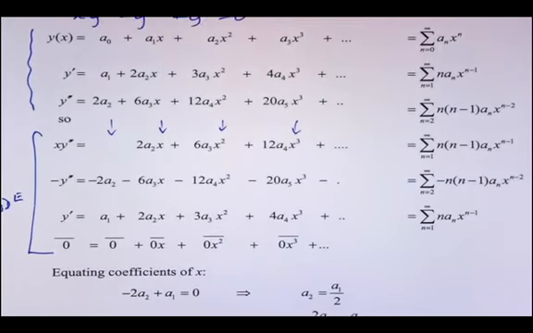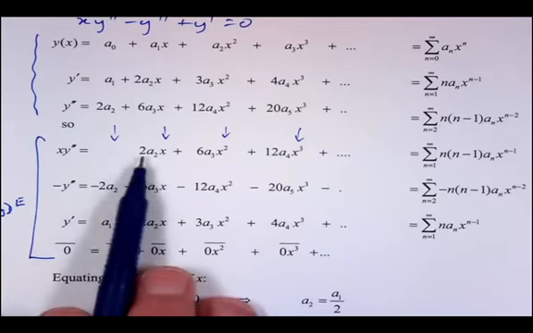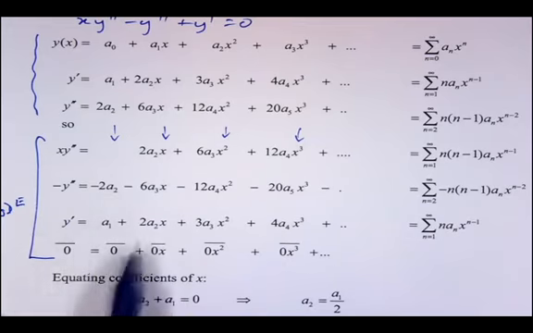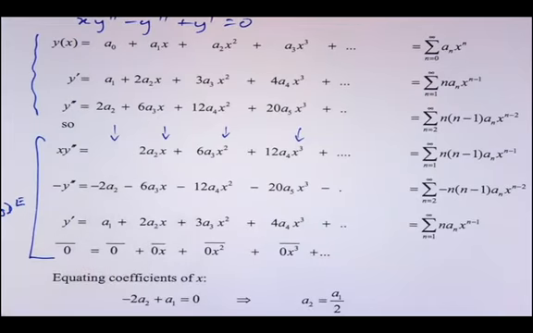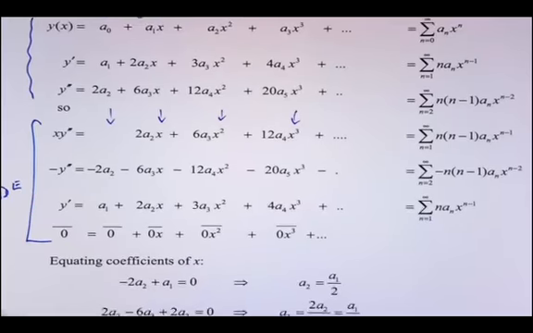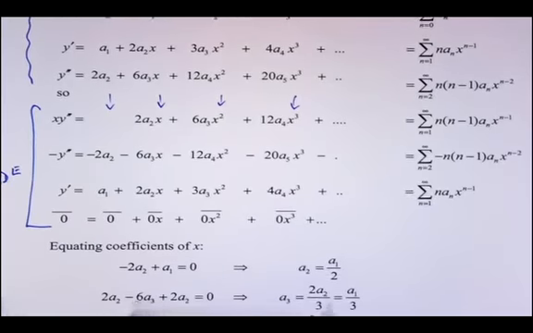And so that's that first equation, which we then solve for later in terms of earlier coefficients. This second equation tells me 2a2 minus 6a3 plus 2a2. So altogether that's 4a2 minus 6a3 is equal to 0, which we can solve to get this.